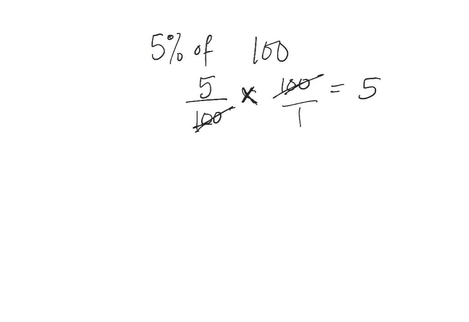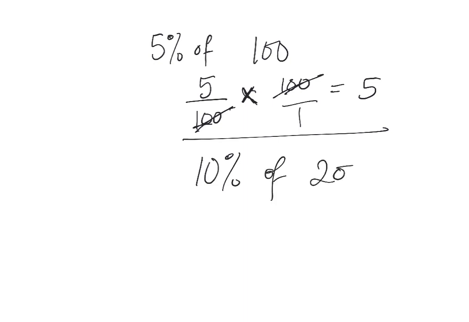But you can cancel when there is a multiplication between them like that. So that's 5% of 100. If somebody were to ask what is 10% of 200, then you say 10 over 100 times 200. And then the rest of this is basically using your understanding of fraction multiplication, simplifying fractions, and so on and so forth.